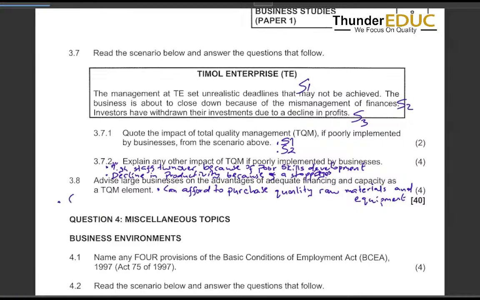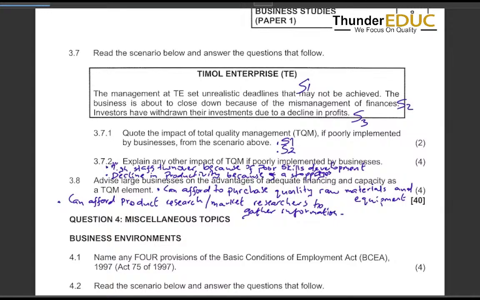Then the second one, can afford product research or market researchers to gather information.